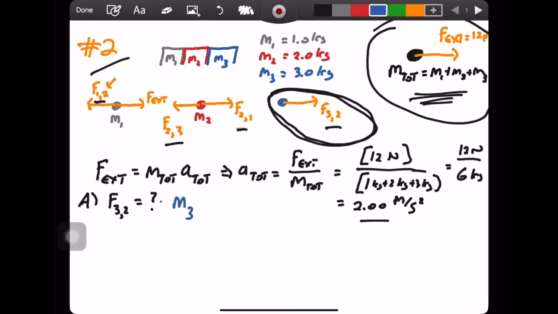So I'm going to do that in blue to stay with my color coding here. And then it's going to be multiplied by the A total, because the acceleration total for the total system is the same as acceleration for each of the individual blocks.